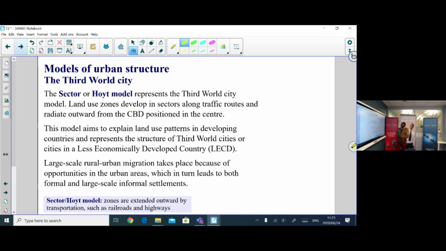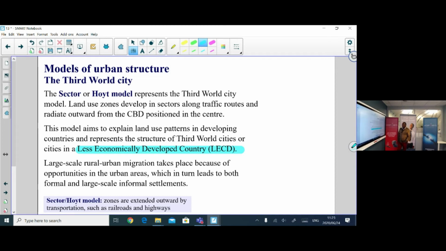This model aims to explain land use patterns in developing countries and represents the structure of third world cities, or cities in a less economically developed country, or LECD. So when you talk about these LECDs, we are talking about the less industrialized countries, which are economically disadvantaged.